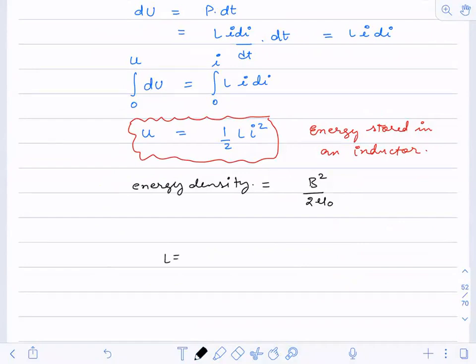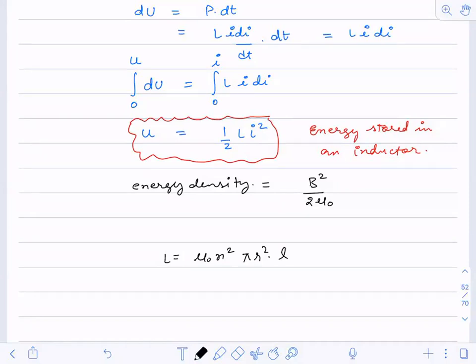L is mu naught N square pi R square into l. This was the formula for capital L, self-inductance.